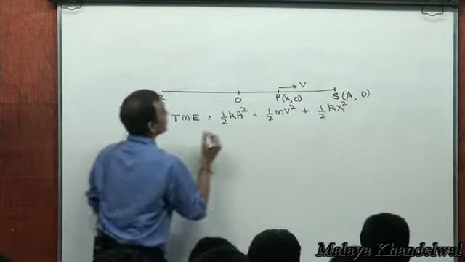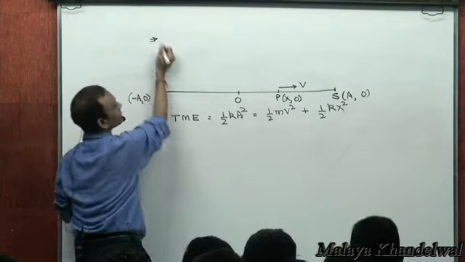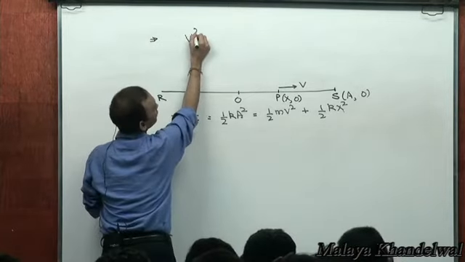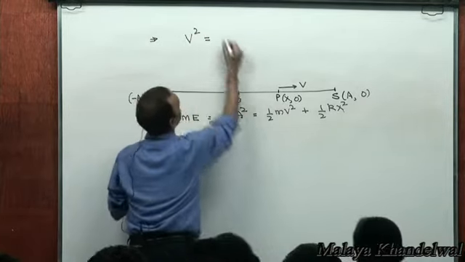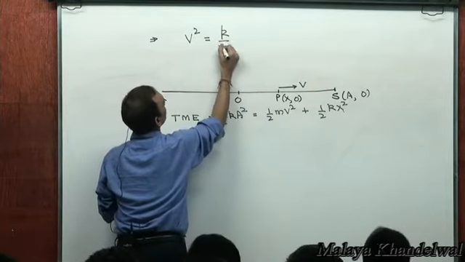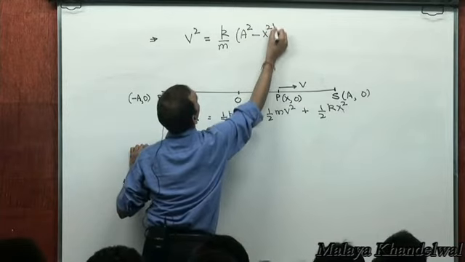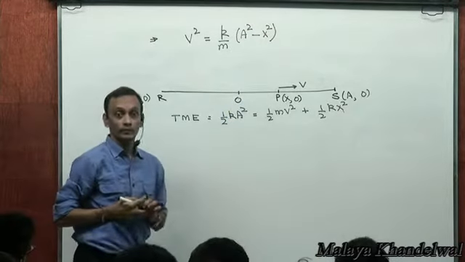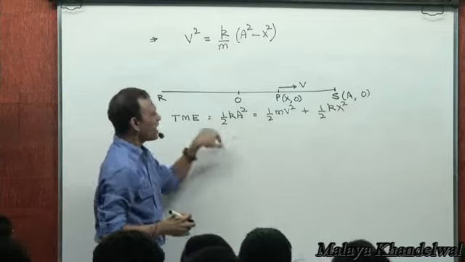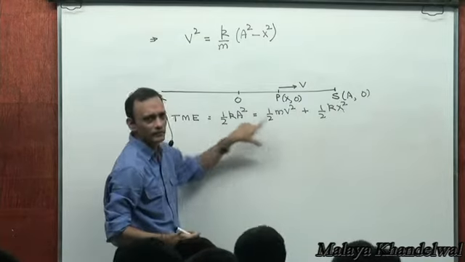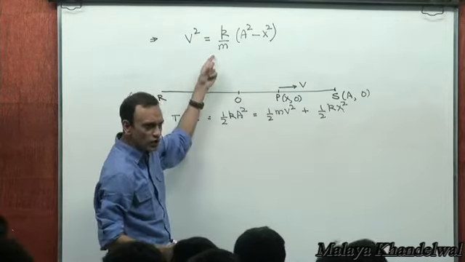Now, we could therefore have said v squared is k by m into A squared minus x squared. See? Half getting cancelled, dividing by m. Then if I solve for v squared, this is what transpires.